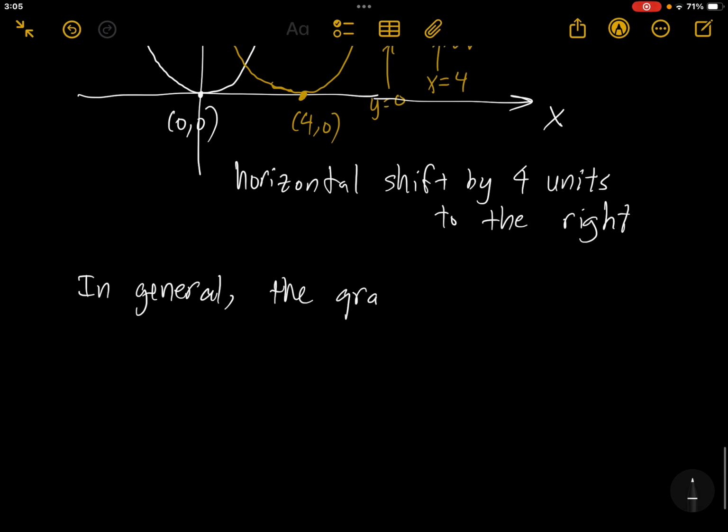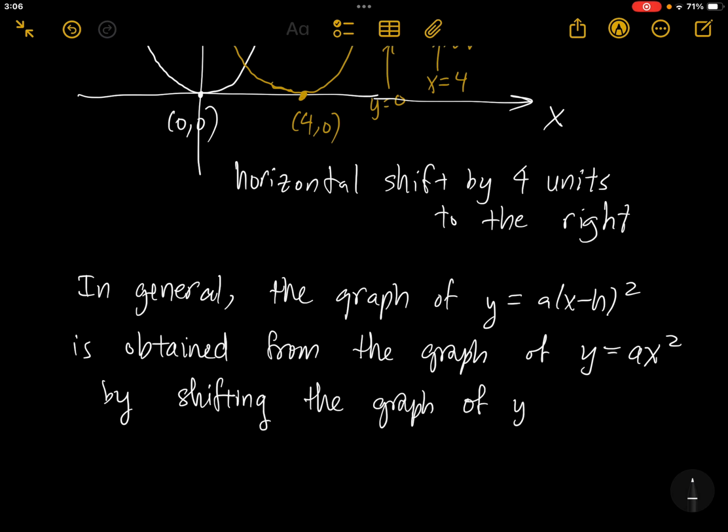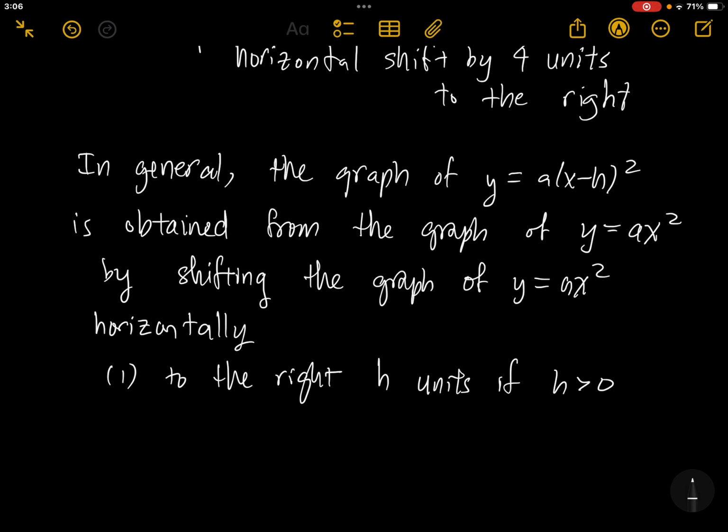So to record what's going on, in general, the graph of y equals a times (x minus h) squared is obtained from the graph of y equals ax squared by shifting the graph of y equals ax squared horizontally to the right h units if h is positive.